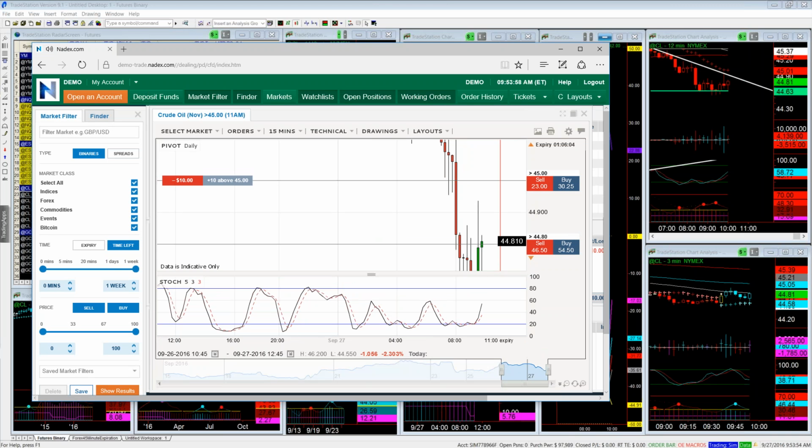Do you see how this green line is offering support? You can also see that the gamma on this one is really high, because the difference between the 45 and the 44.80 is about $20. So that means, if it gets here, automatically you're going to have profit.